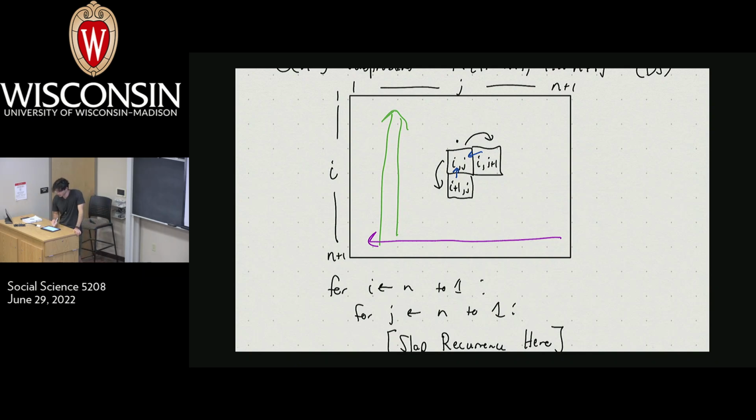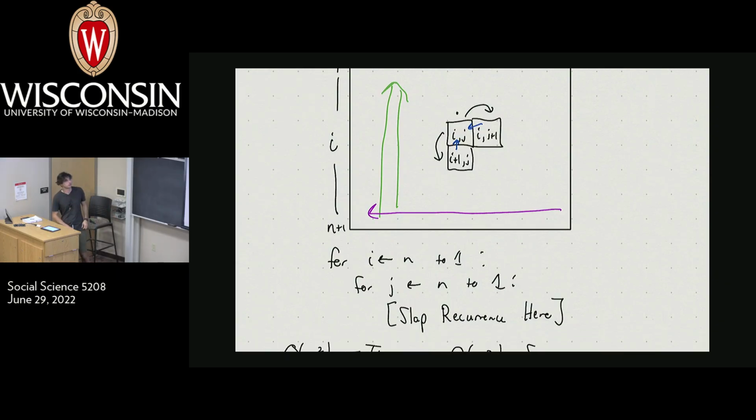So if you compute in this specific order of i and j, the green arrow indicates i plus 1, j is computed before ij, and the purple arrow indicates that i, j plus 1 will be computed before ij. And this is just a pictorial representation of these loops.